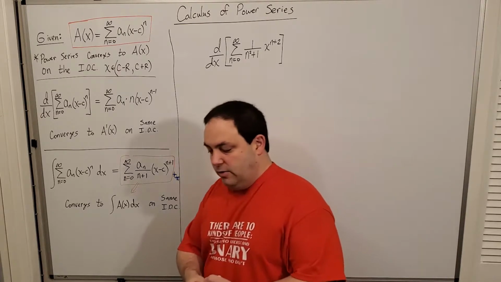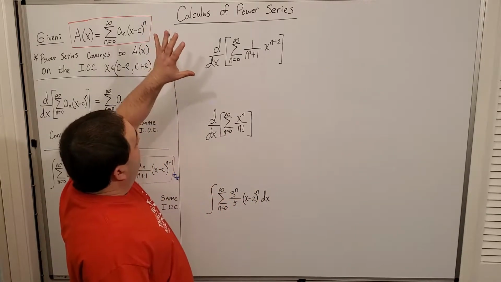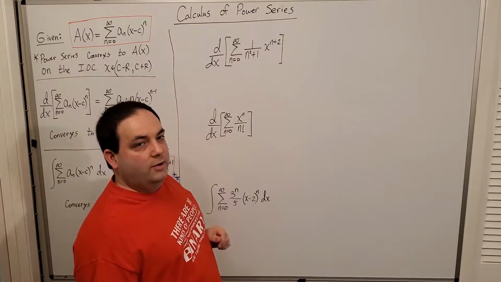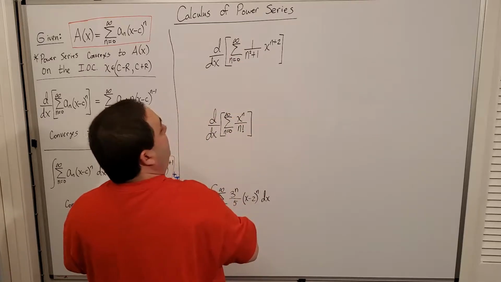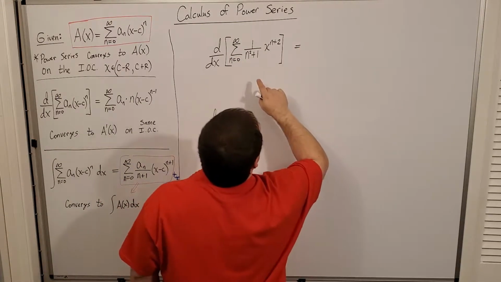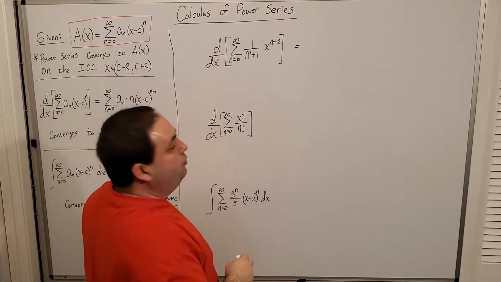So let's throw out a few examples here, okay? So let's try taking the derivative of this power series here, okay? So to take the derivative of this, I'm going to focus on the fact that I have x to the n plus 2 power there.